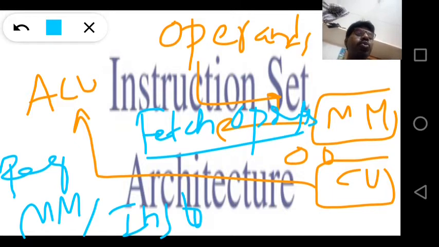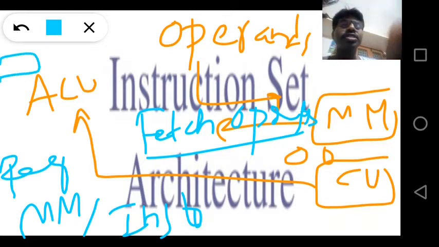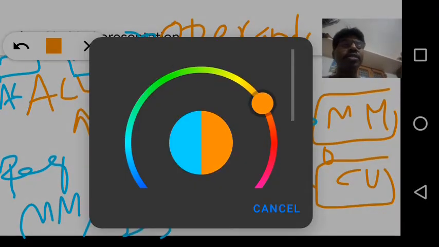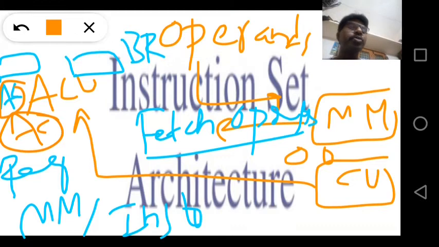Next, once the ALU gets an operand, it stores it in special registers: the accumulator and BR. You know, the accumulator is an important type of register. AC stands for accumulator. What is the specialty of the accumulator?